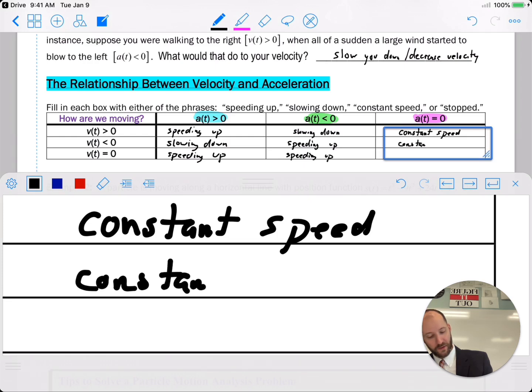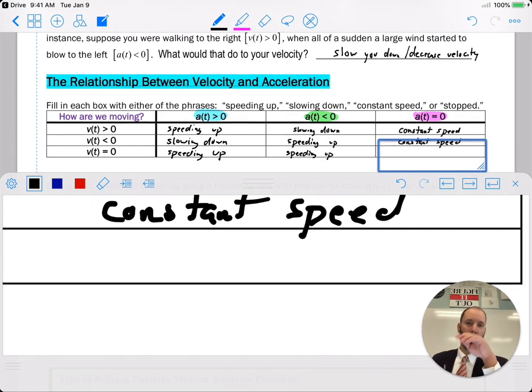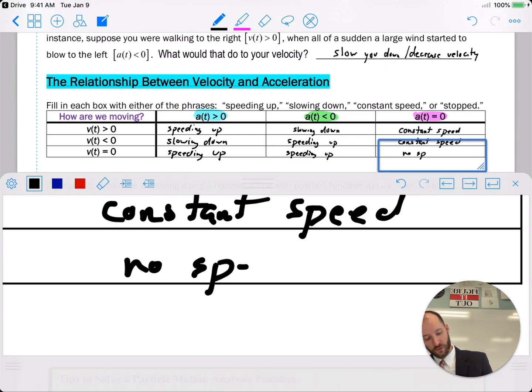You're moving left or moving down. Nothing is acting upon you. So you're constant. There's no push to speed you up or friction to slow you down. If your velocity is 0, your acceleration is 0, you're not moving, nothing's acting upon you, you have no speed overall.